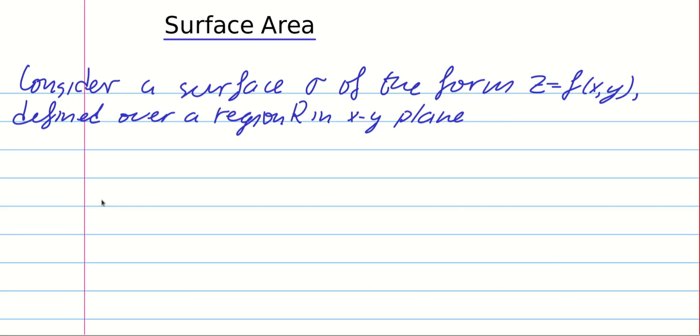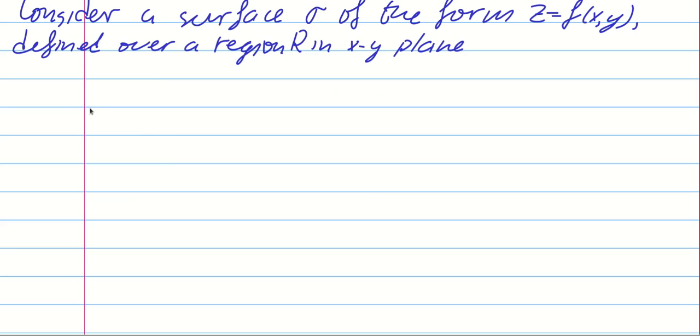So basically what we have is something like this. We have 3D space, and here we have some kind of a surface.